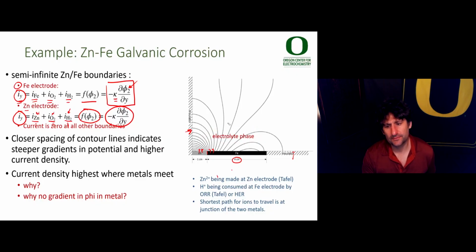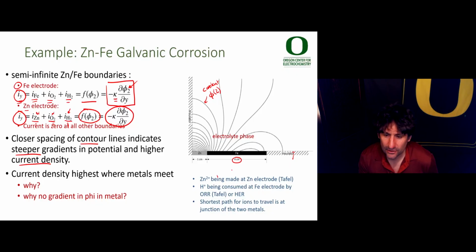If you solve this, as is done in this plot, the closer spacing of contour lines, these are contour lines that show equipotential, so this is constant phi 2 along these lines, just like elevation on a topographical map. The closer spacing of the contour lines indicates steeper gradients in potential and higher current densities.